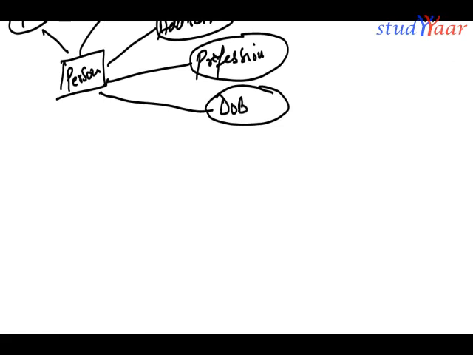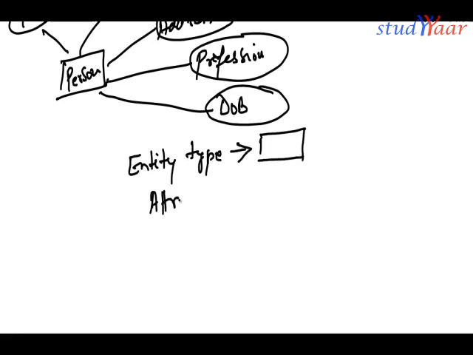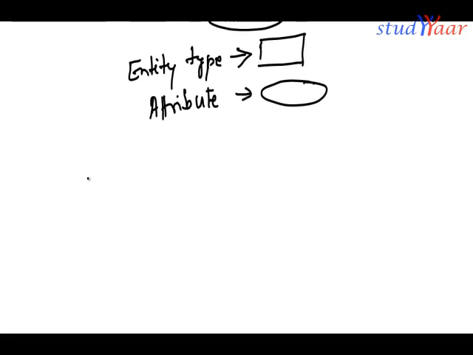So let's revise the representations just for a moment. Entity type is represented by a rectangle, and attribute is represented by an oval. Now let's understand what is a domain of an attribute. Domain basically tells me the set of permitted values that an attribute can have.